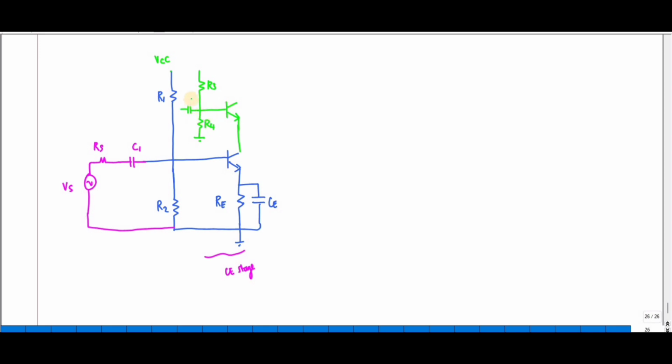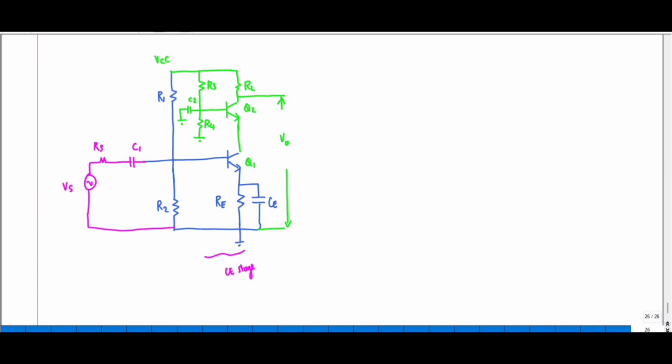Here you have one coupling capacitance, C2, and since it is a common base, the base terminal is grounded. This is your output collector resistance, let me term it RL. Here you take the output with respect to the collector. This is your transistor Q1 and Q2.